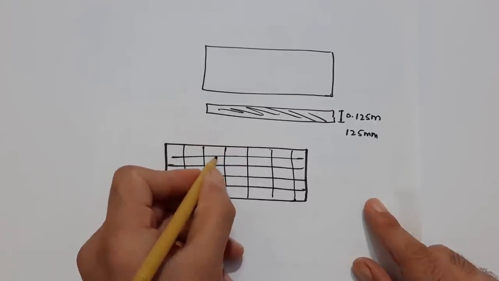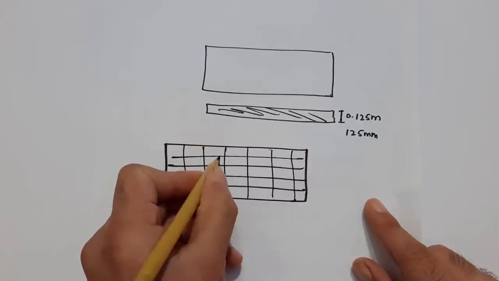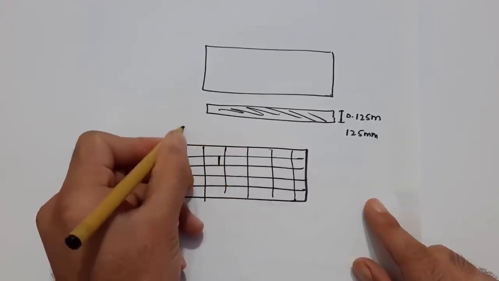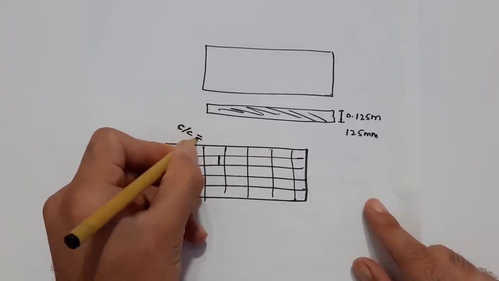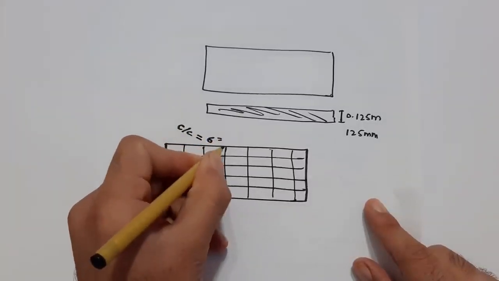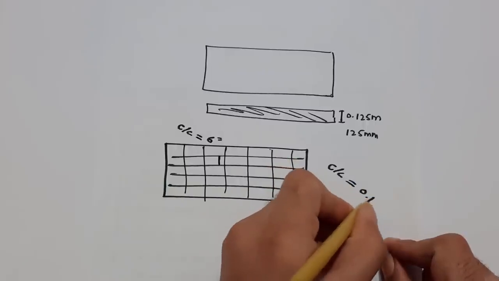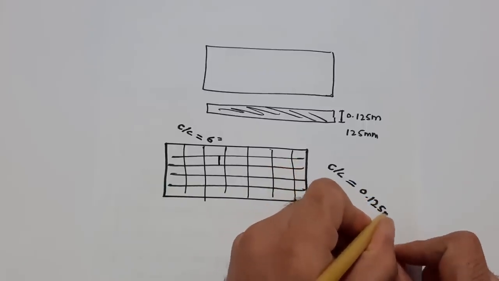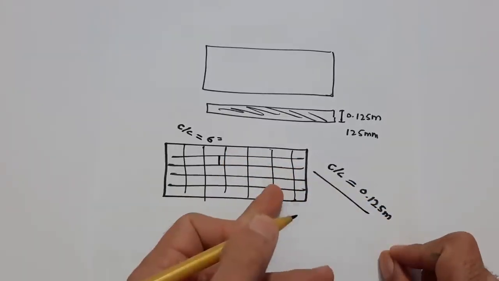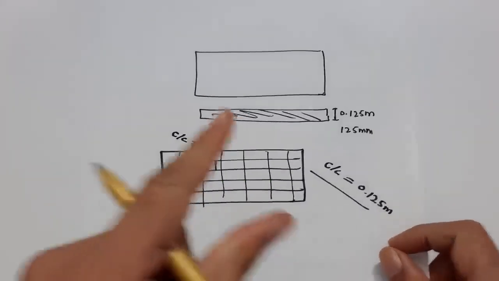So the space between two steel rods is C/C, for example 6 inches, or C/C equal to 0.125 meter, etc. It means spacing between two steel rods.